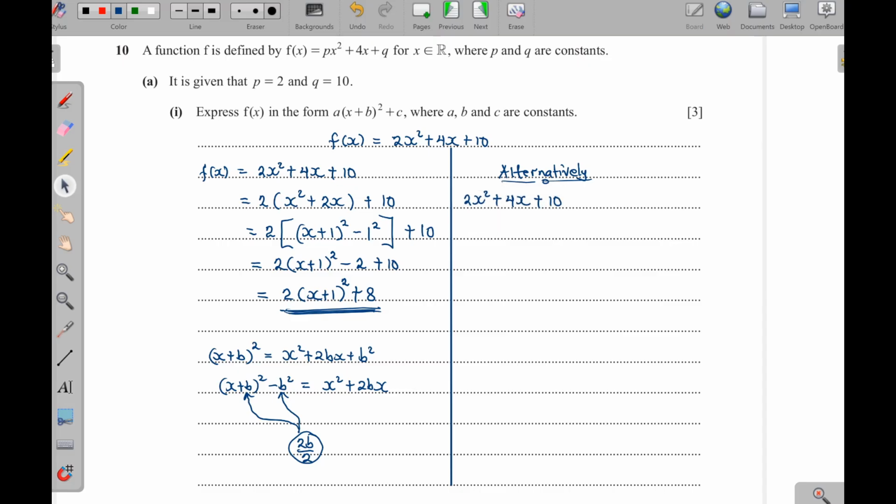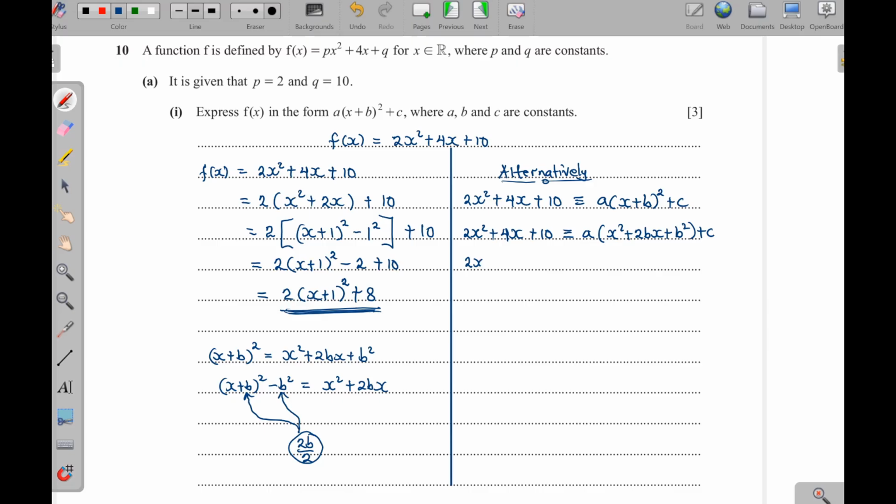Alternatively, we can have this one here. They have told us to express it in this format. So we put a, then x plus b, squared, and then plus c. So this is 2x squared plus 4x plus 10, which is the same as, expanding the brackets, a times x squared plus 2bx plus b squared, plus c.